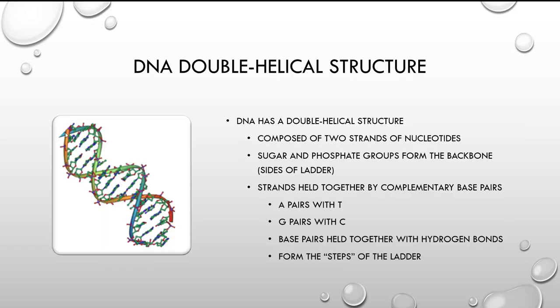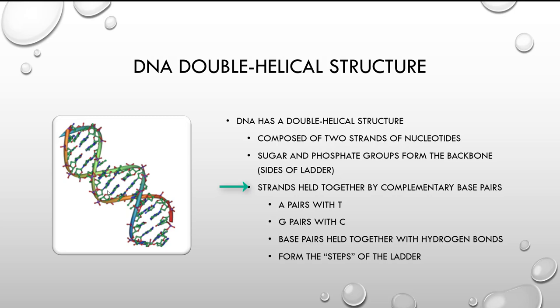So when we're looking at this double helix, the sides of the ladder are made of the sugar phosphate backbone. The third part of our nucleotide, the nitrogenous base, forms the steps of the ladder. Okay, and this is what holds the two DNA strands together.